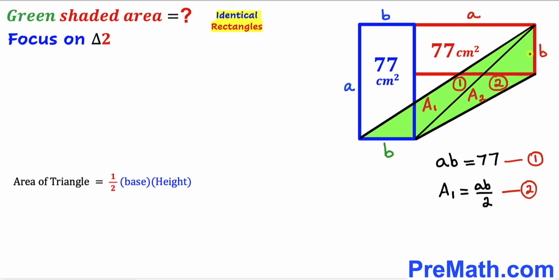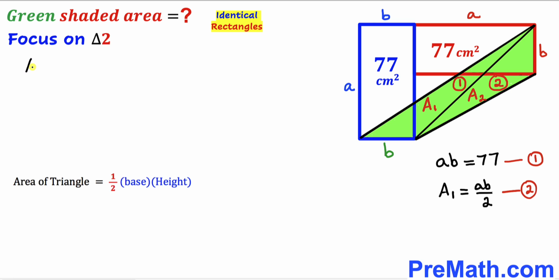And now we are going to focus on this triangle 2. And we are going to be using the area of a triangle formula once again. Area is equal to a half times base times the height of the triangle. And we can see the base of this triangle is lowercase b. The height is lowercase a. And the area of this triangle 2 is being represented by a sub 2.